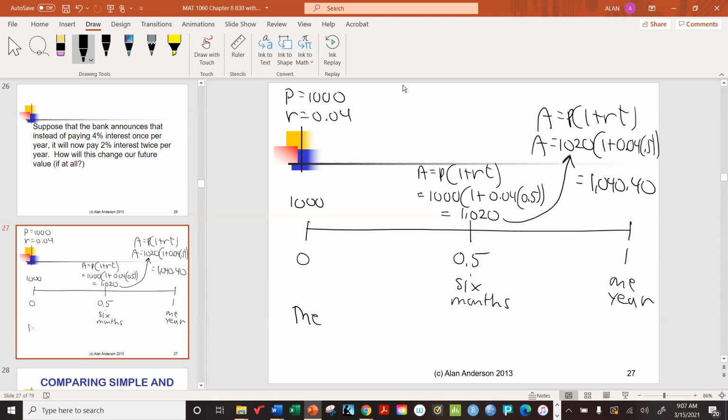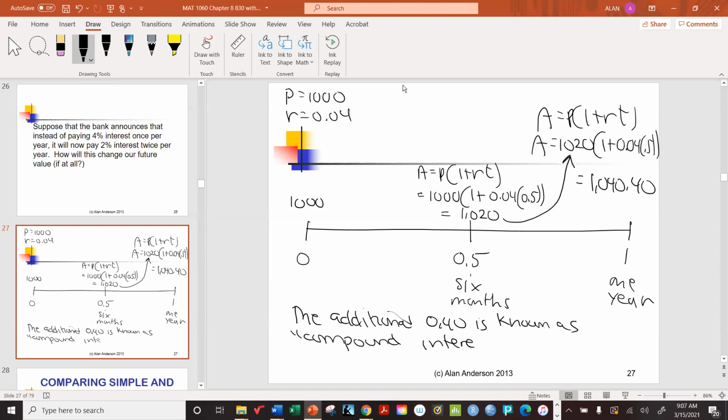So the additional 40 cents is known as compound interest. It is based on the $20 worth of interest earned during the first 6 months.